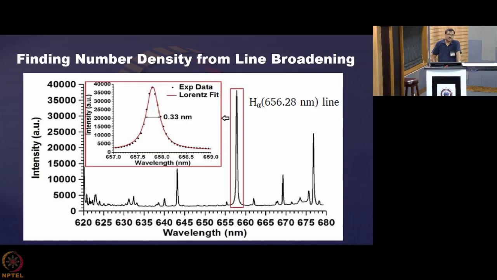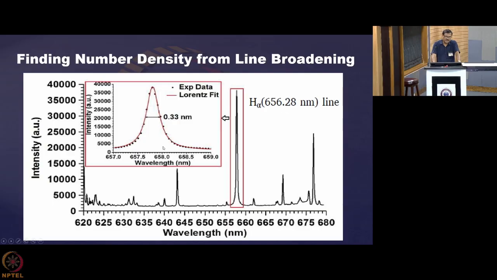Once you do that, you see that here we have a line emission spectrum that we have recorded using a spectrometer, and this is the H alpha line. It is a famous line of the hydrogen atom, and you are seeing here that the wavelength of that line is 656.28 nanometer.